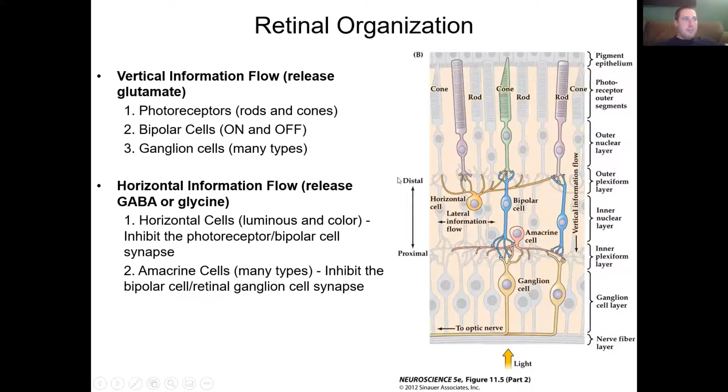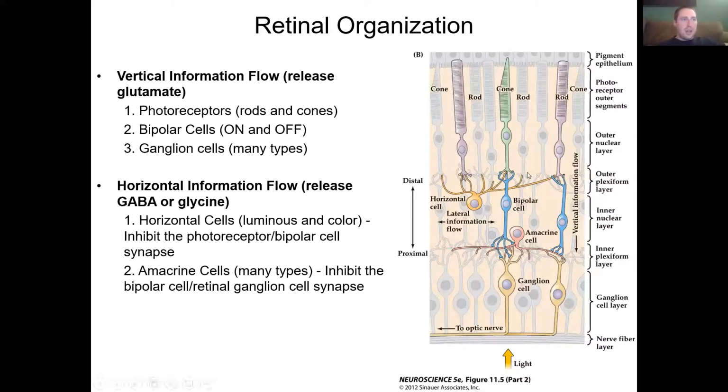And this is partly caused by the horizontal information flow. So we just talked about the vertical information flow, but at each of these synaptic layers, there are cells that stretch laterally and inhibit. So they inhibit with GABA or glycine.